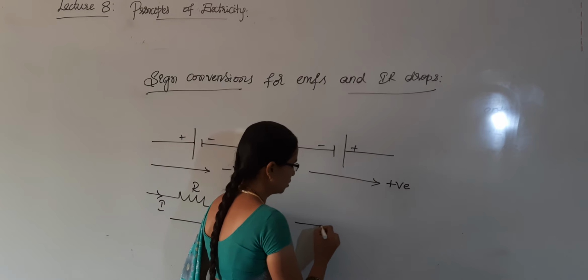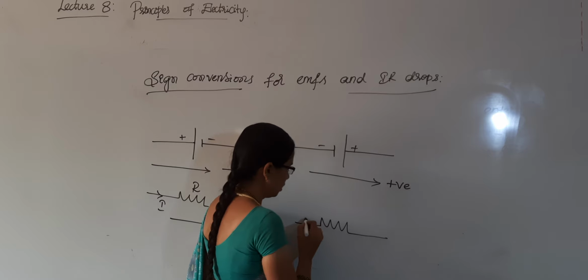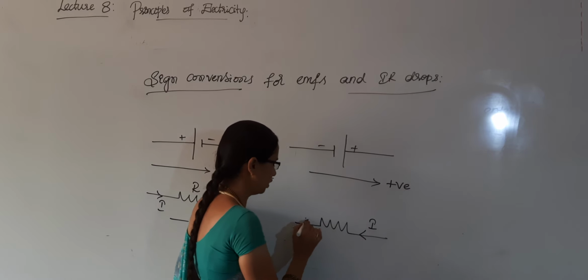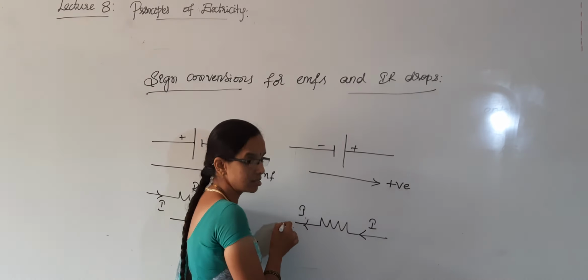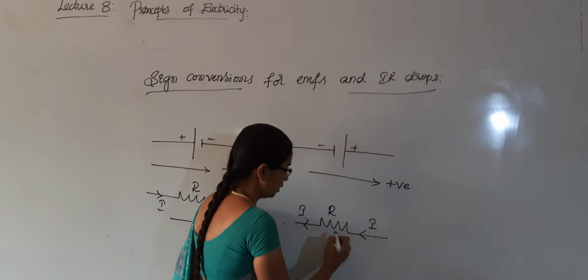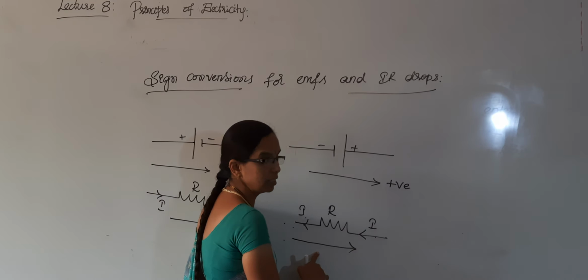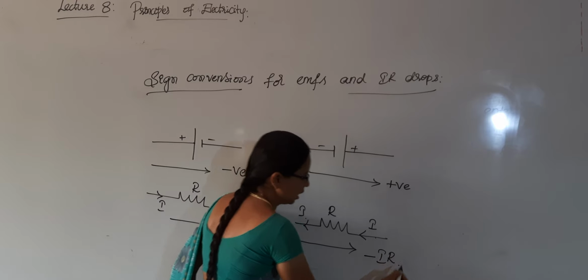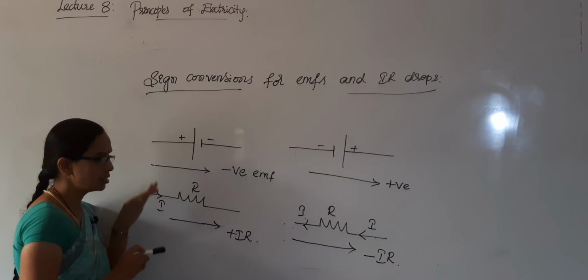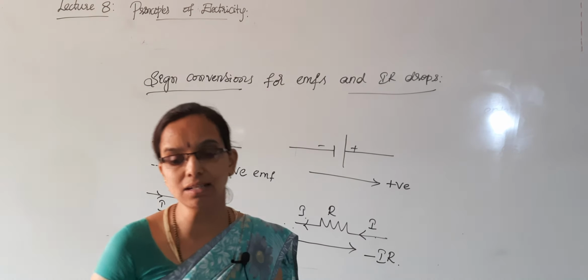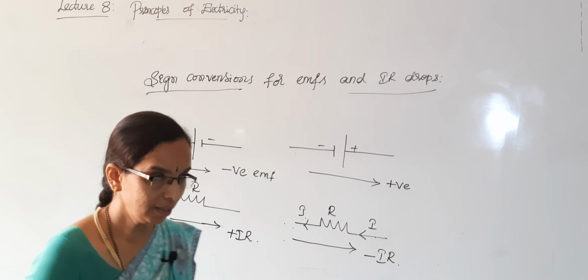Whereas if the current is flowing in this path from here to here, and I am analyzing the circuit in this way, what happens? This is considered as minus IR. Please note down all the 4 things. This will be helpful in analyzing the circuits. Okay.